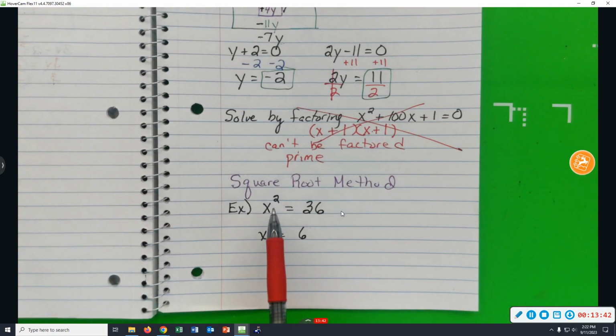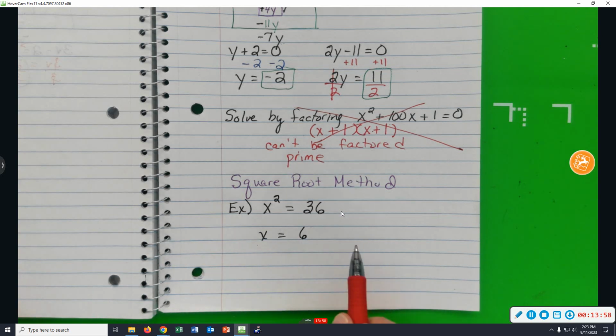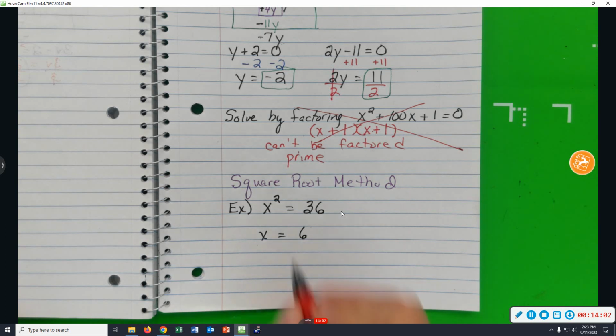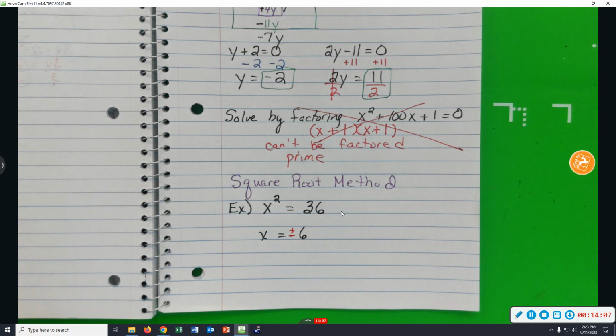So there's an x squared here, so there's another solution here. I'll give you all a hint. One solution is positive 6. Another one would be negative 6. Negative 6 times negative 6 would give you a positive 6. So we would say on this one that I just made up, x is plus minus 6.